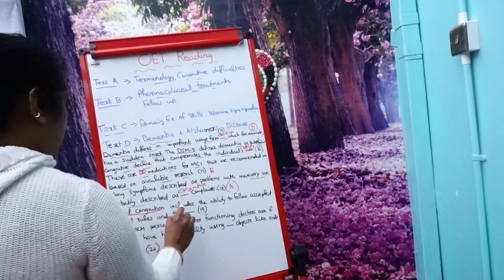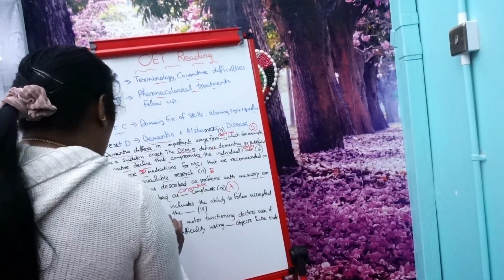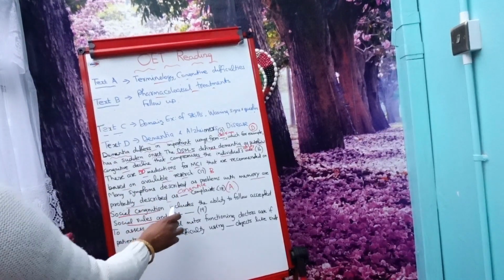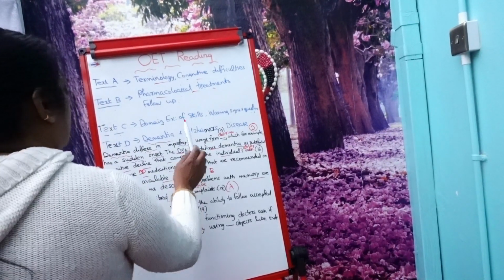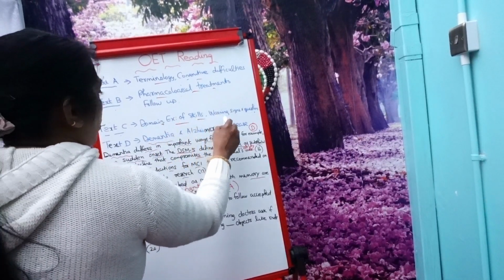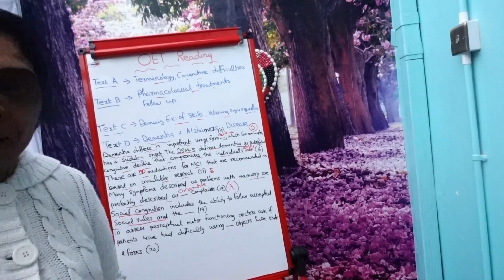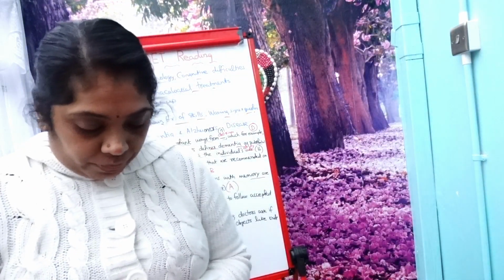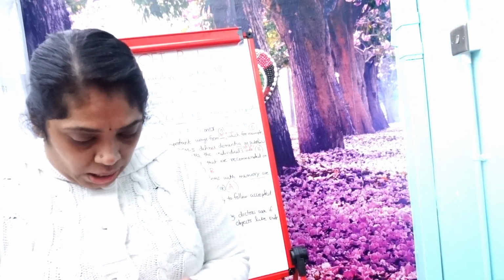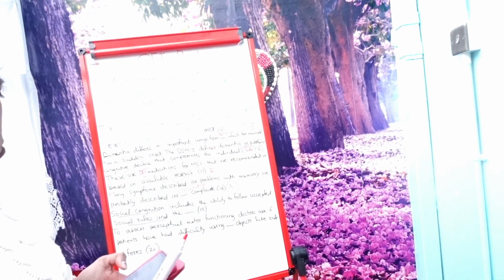social cognition includes the ability to follow accepted social rules, and so this one says here what skills are compromised. An example of skills, warning signs and question. So we'll go to text C. In text C, what are they saying? Social cognition.